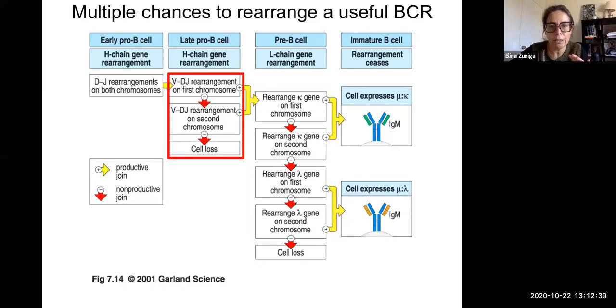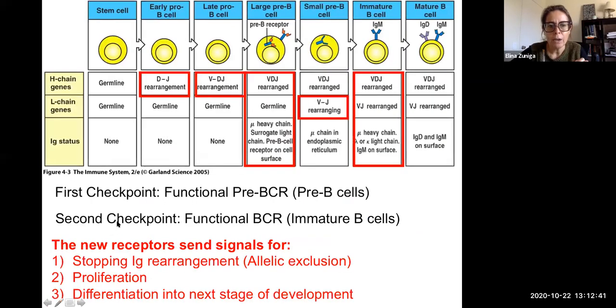Excellent question, Lindsay. So basically, when is this checkpoint considered okay to pass and give rise to these 3 outcomes, right? This occurs just with the expression of the functional pre-BCR and functional BCR. If they are expressed on the surface, that's enough.